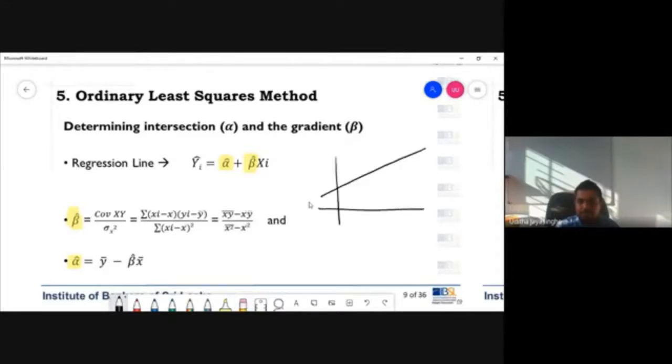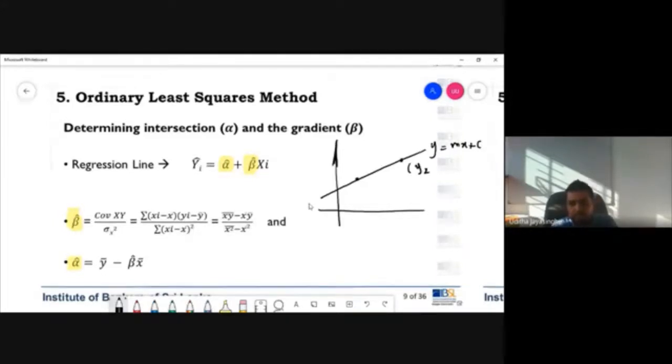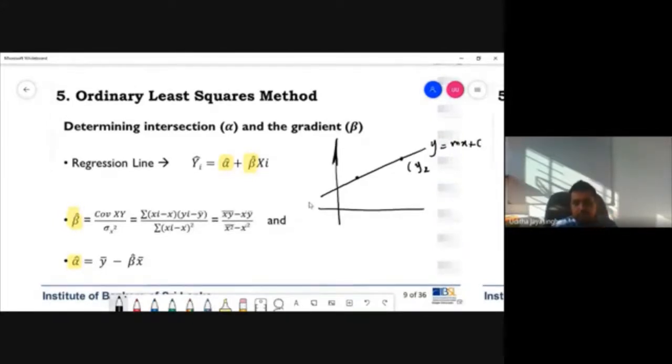How do we calculate this m in our childhood? We are only taking two values and assuming this is a perfectly straight line. This is x1, y1, and this is x2, y2.